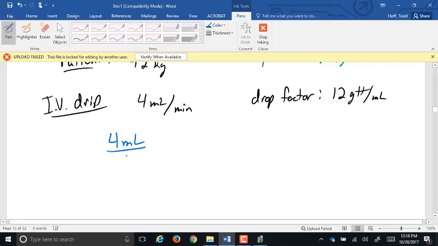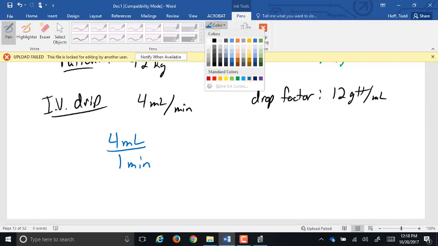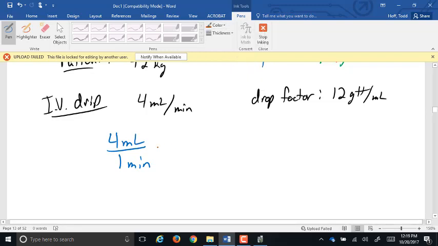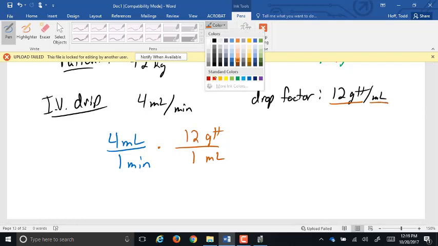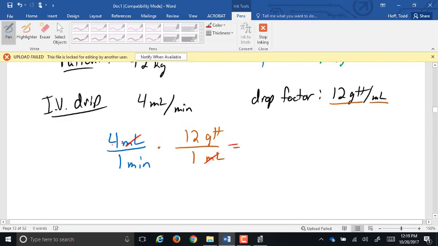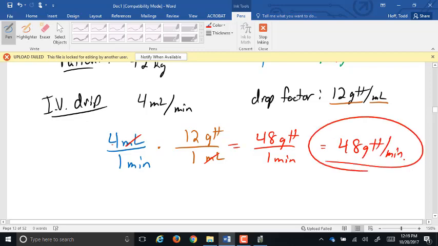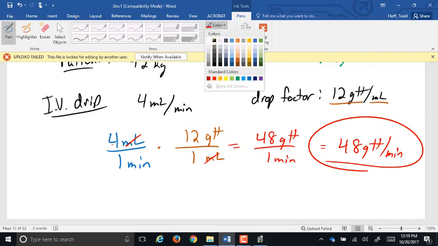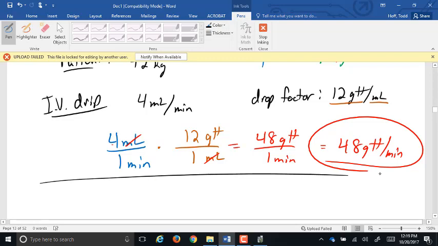So your 4 milliliters per minute becomes 4 milliliters over 1 minute. You're getting rid of milliliters, so milliliters have to go on bottom. You're changing it to drops. 12 drops equals 1 milliliter. The milliliters cancel out. 4 times 12 drops is 48 drops. 1 minute times 1 is still 1 minute. That is 48 drops per minute. So as I said, dimensional analysis looks a little awkward at first, but the power of it is just incredible for what you can use it with.